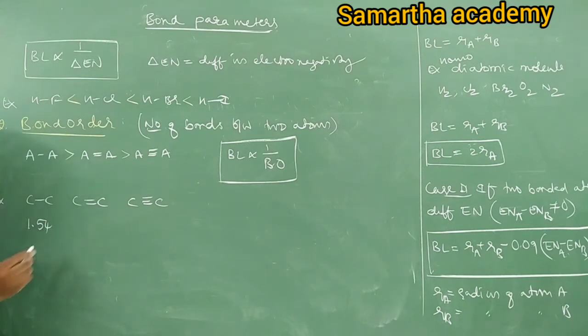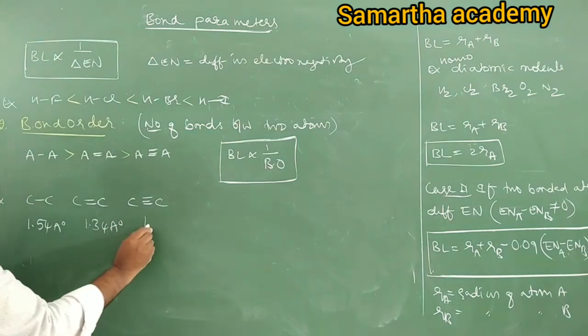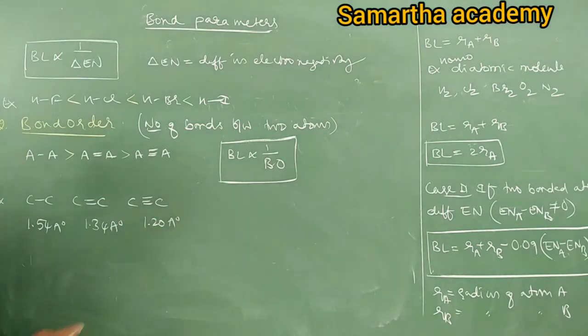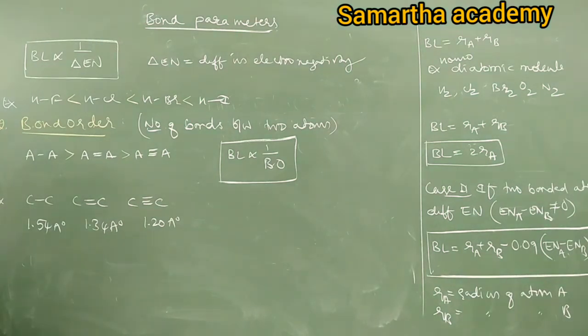In alkane, the bond length is 1.54 angstrom, then 1.34 angstrom, then 1.20 angstrom. As the number of bonds increases, bond length decreases. It means bond length is inversely proportional to bond order.